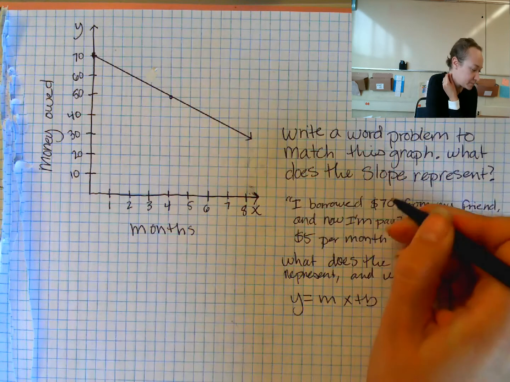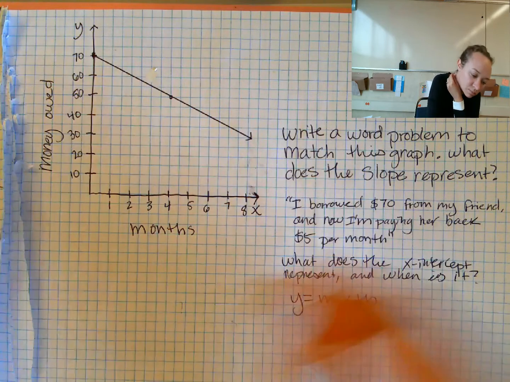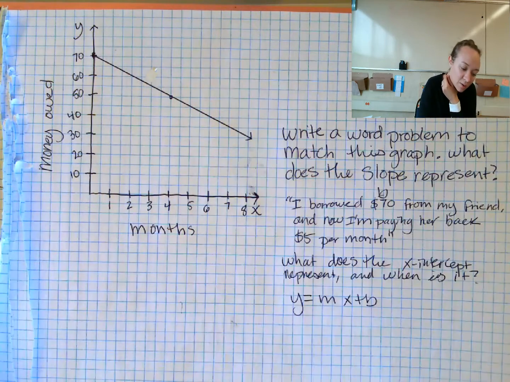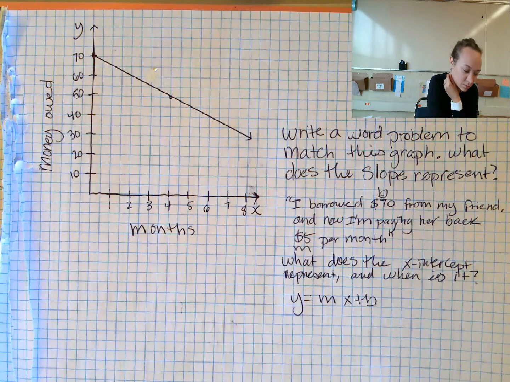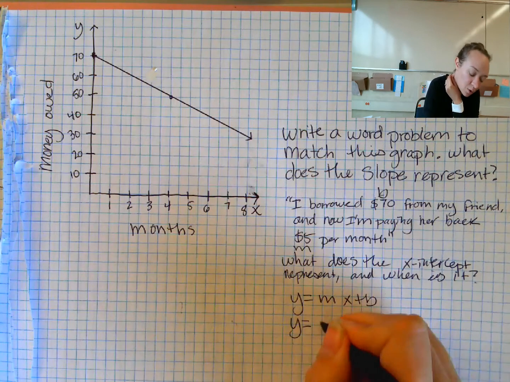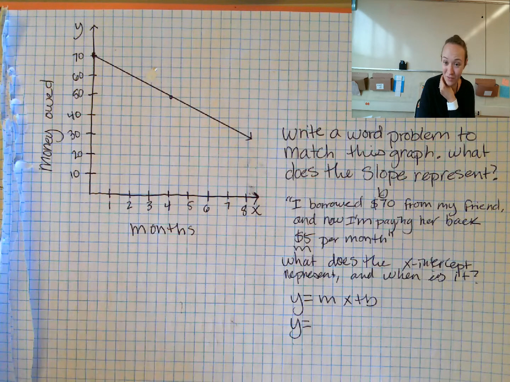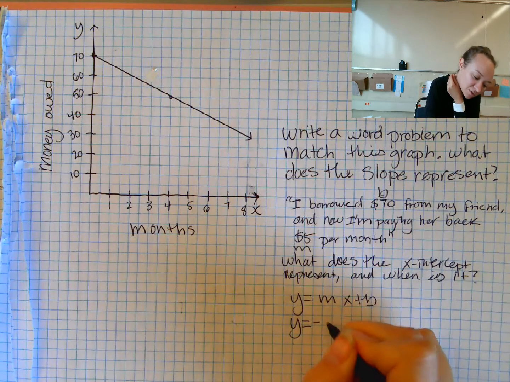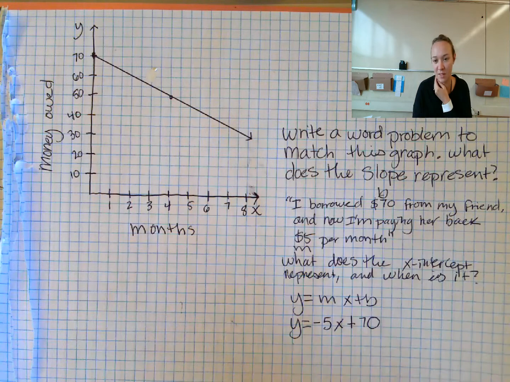That's B. And we're paying back $5 a month, so that's M. So our rule would be y equals, except we're paying back $5 a month. So our M is going to be -5, because it's going down, right? So -5x plus 70 is going to be our rule.